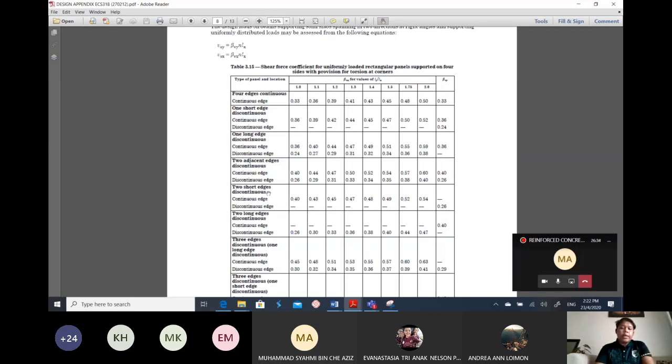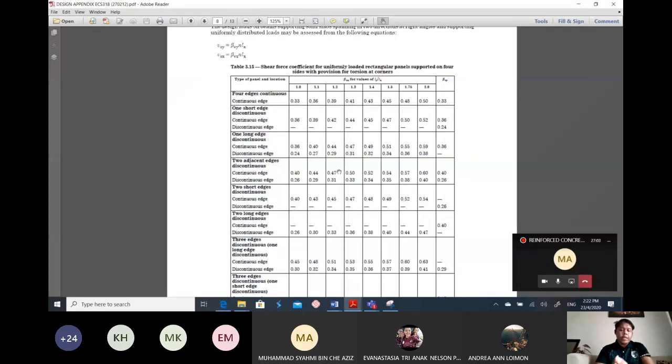How to determine this value? For example, our case here is 1.17. 1.17 is between 1.1 and also 1.2. In order to get the value for Ly over Lx equal to 1.17, for the continuous edge, which is beta VX1, it is in between 0.44 and 0.47, so you have to do an interpolation.